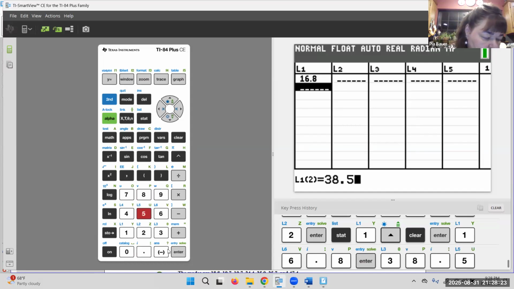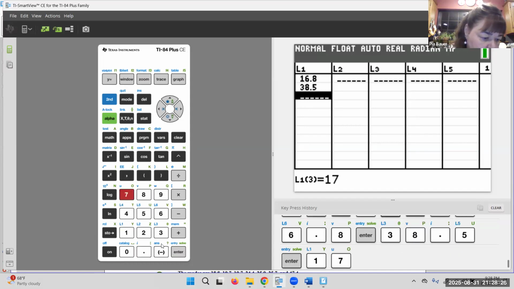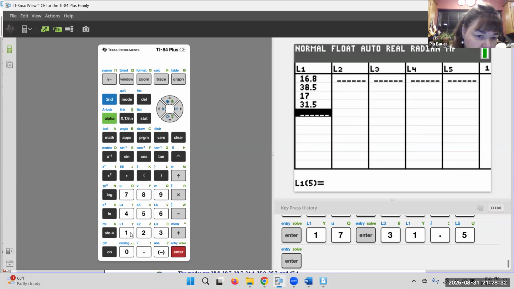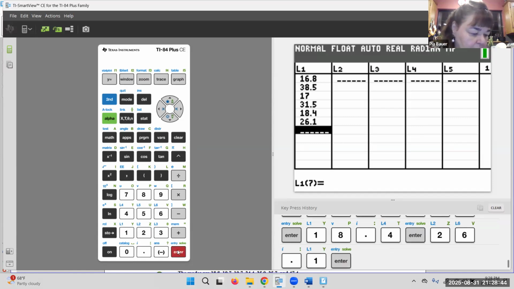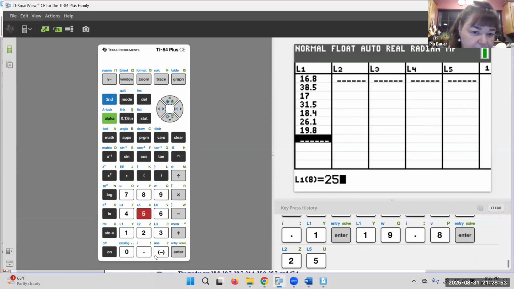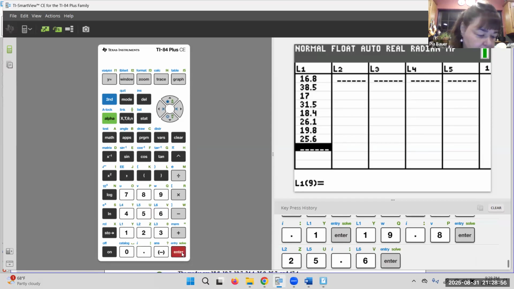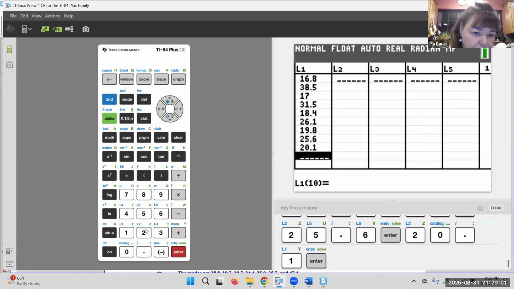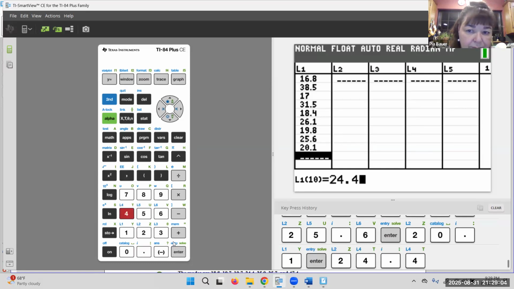38.5, 17, 31.5, 18.4, 26.1, 19.8, 25.6, 20.1, 24.4.